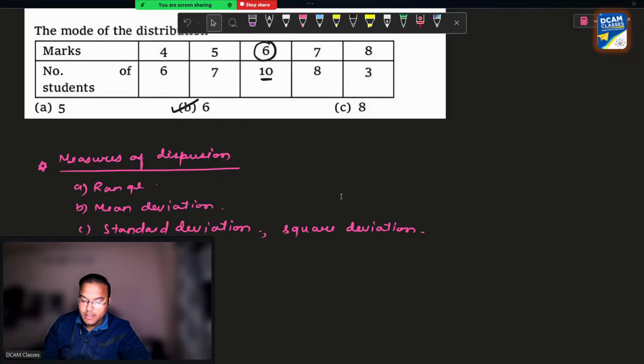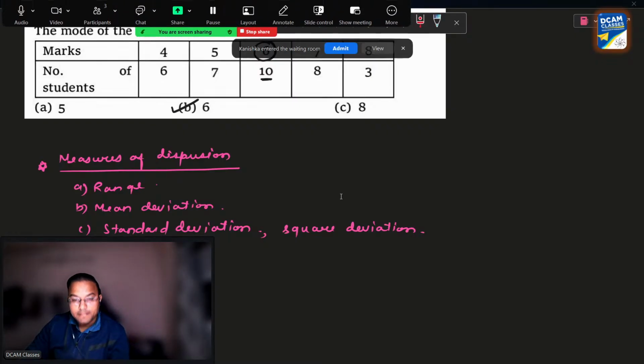What they are doing there actually? Kanishka has joined.